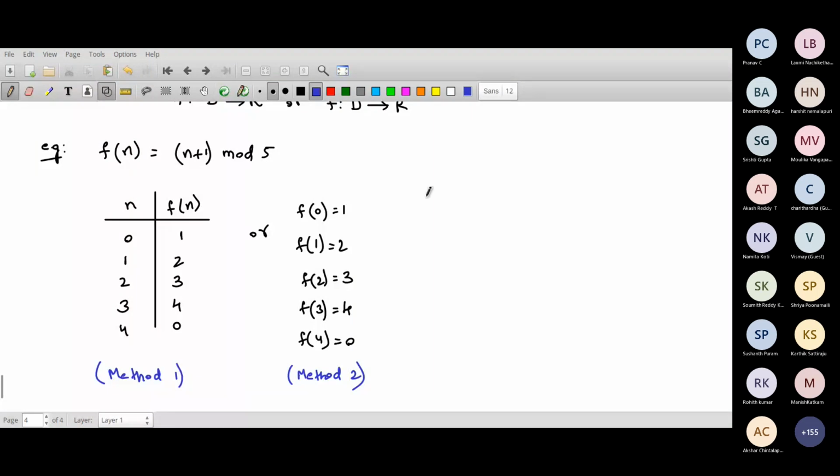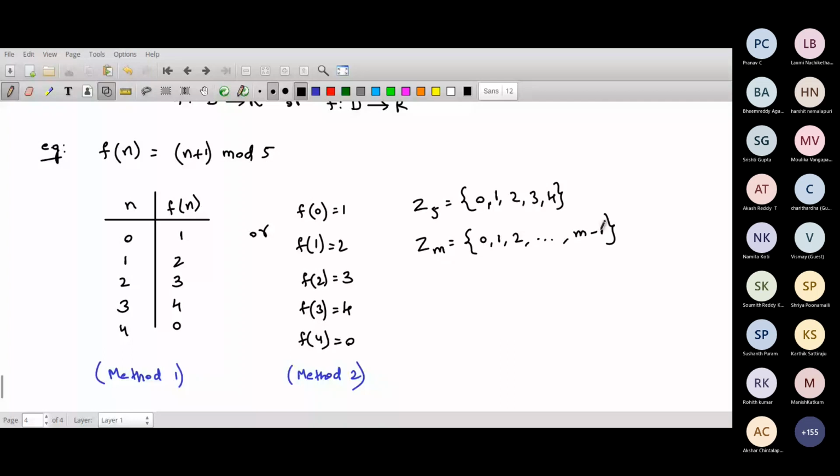We can call this particular set, 0 to 4, as Z5. Zm usually means the remainders when a number is divided by m. So when a number is divided by m, the remainders range from 0 to m minus 1.